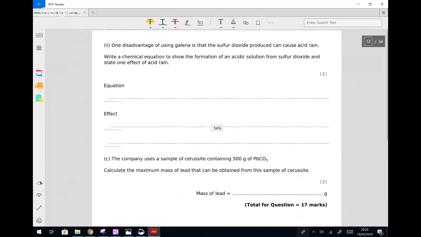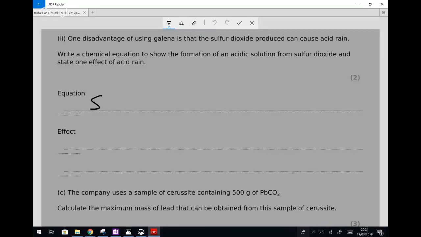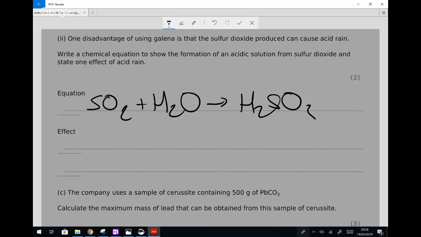One advantage of losing is that sulfur dioxide produced can cause, one disadvantage is it causes acid rain. Write an equation to show the formation of the acidic solution. I've done this in a previous webinar. SO2 plus H2O goes to H2SO3. State one effect of acid rain.